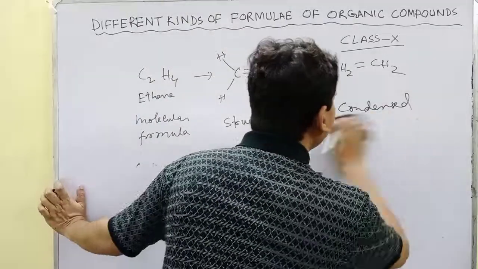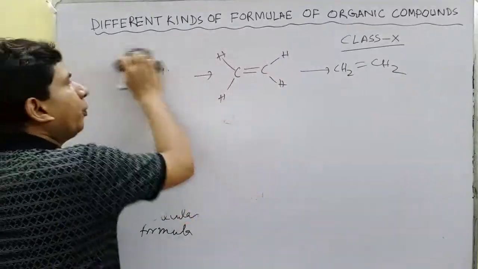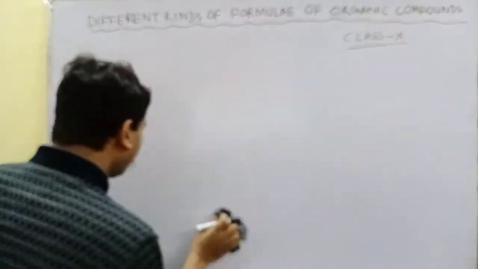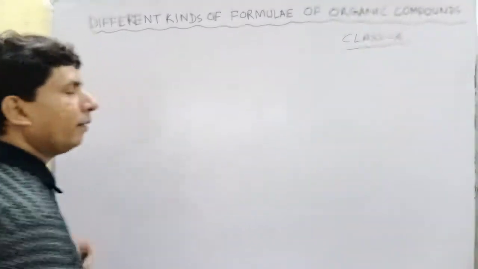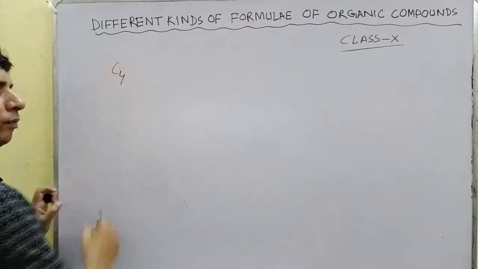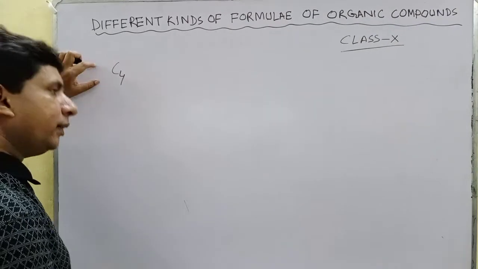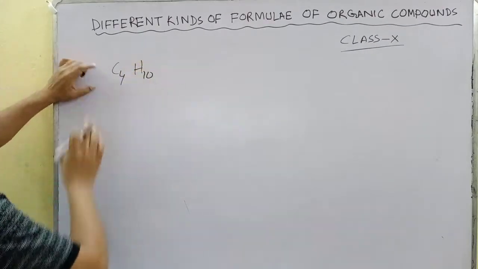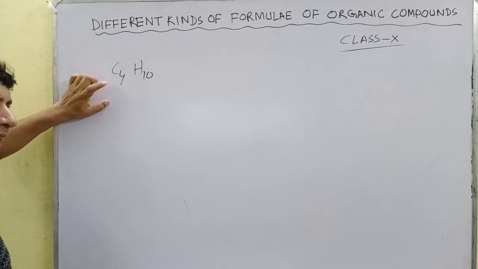Then if we take a larger molecule, let us take C4H10, this is the molecular formula of butane.